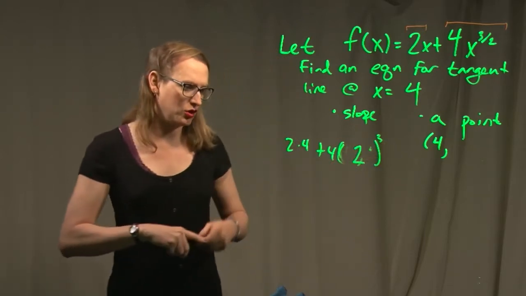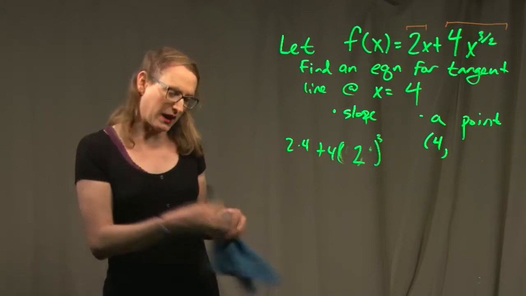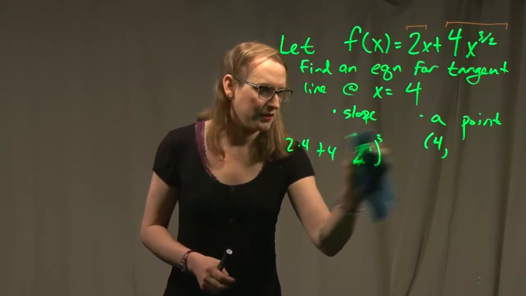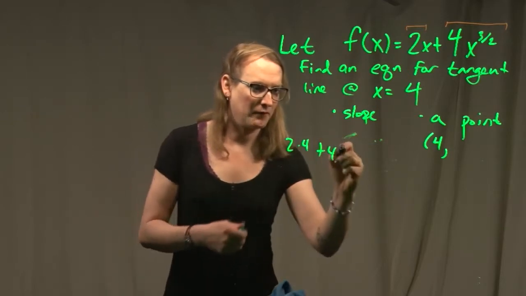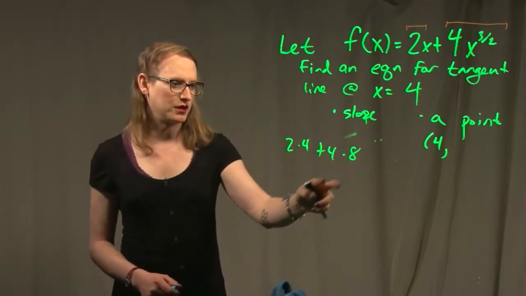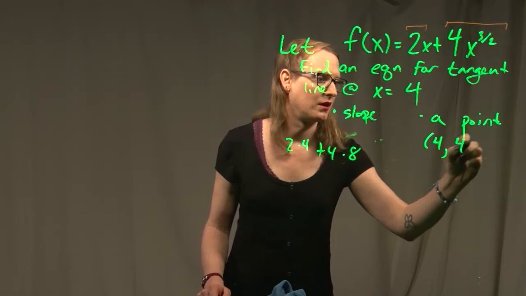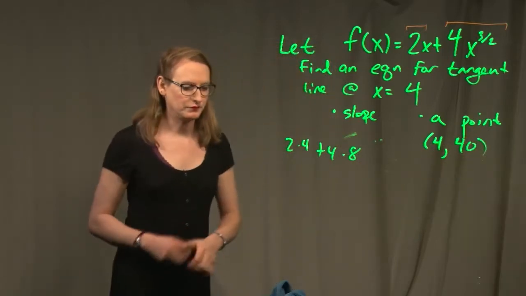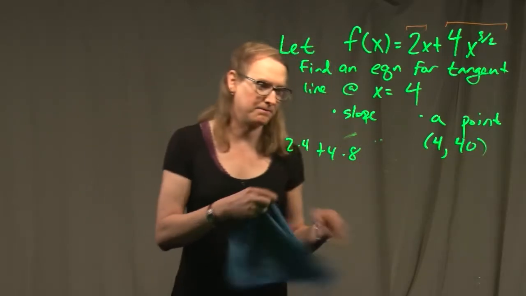And then I have 2 cubed: 2, 2, 4, 8. So that's 8. 8 plus 32 is 40. Alrighty, so I got my point.